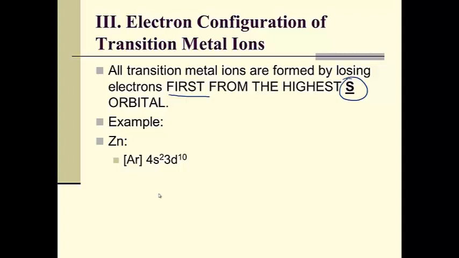Zinc turns into the +2 ion, so +2 basically means we have to lose 2 electrons. Normally we'd say, well, the 3d is higher than the 4s, so they must be coming out of the 3d. But the configuration is not 4s2 3d8. The configuration is argon 3d10. We lose them out of the 4s orbital first.